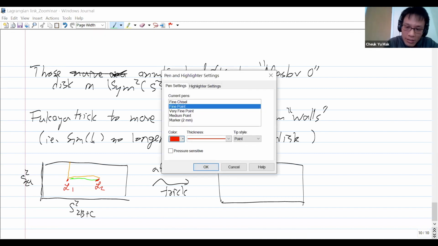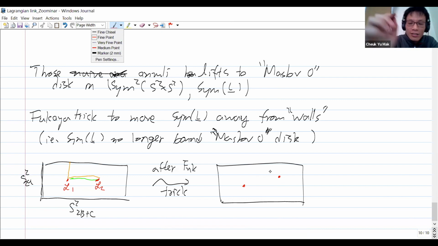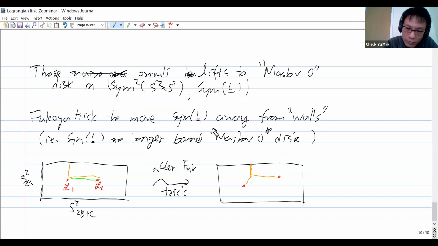We perturb it a little bit, such that the slope between the two points is an irrational number. And then in this case, there will be no Maslov zero annulus with boundary on these two Lagrangians, no non-constant one. And then the interesting one is still here. So after applying the Fukaya trick, the green one disappears, but the orange one stays here.